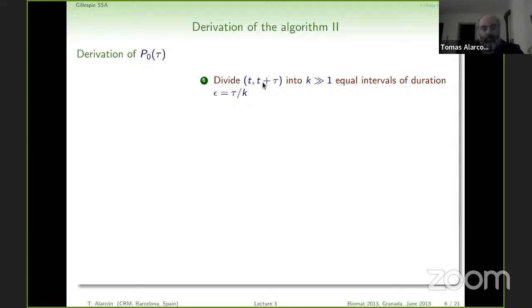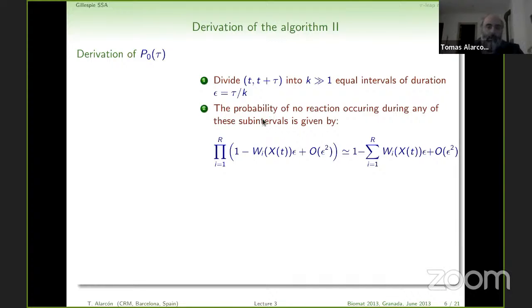we first divide this time interval into k equal intervals of duration given by epsilon equal to tau divided by k. We are going to take this as a sort of large partition, so we partition this interval in k subintervals of equal duration. Now, this is the probability that nothing has happened between t and t plus tau.